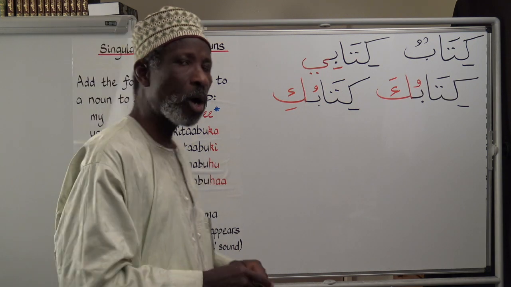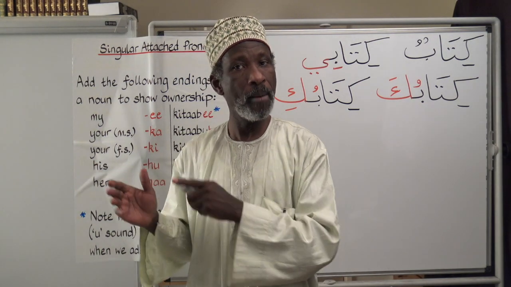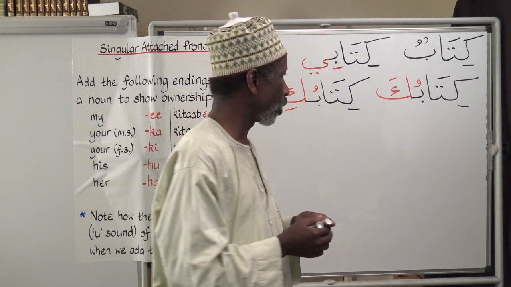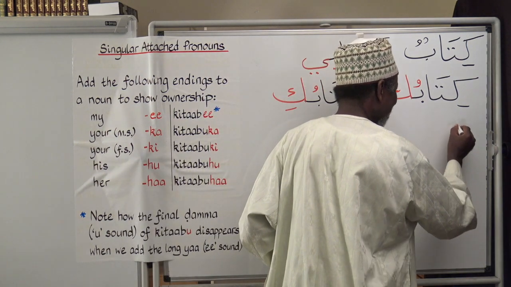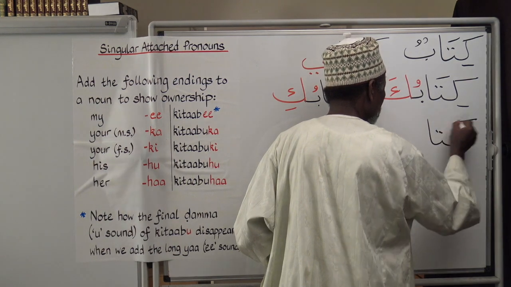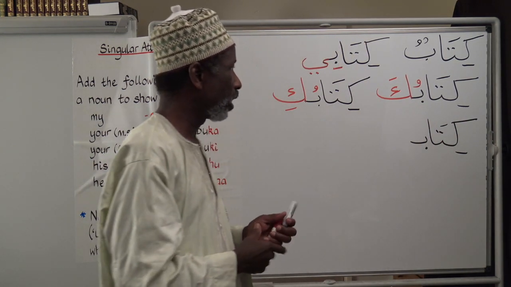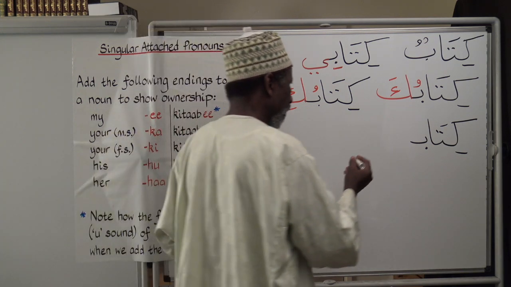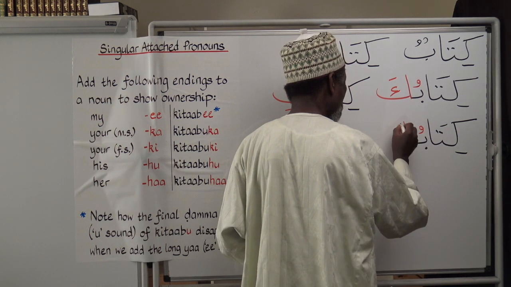Now I want to say his book and her book. Let's look at the changes we're going to make to achieve that. Again, we're using our template, which is kitab. So we have kitab. This is the last letter of the original. Now, kitabu, this time also we're going to put u there, and then we put hu.